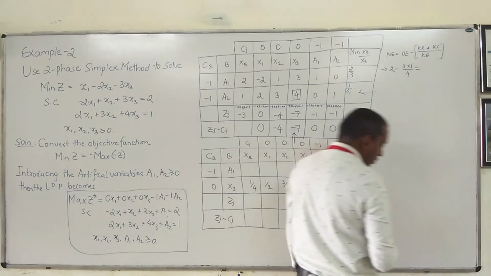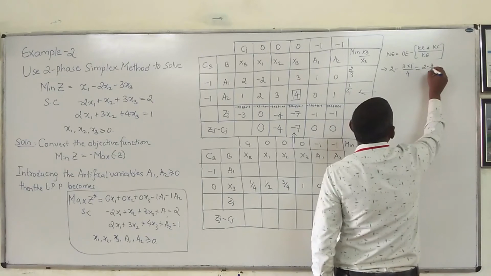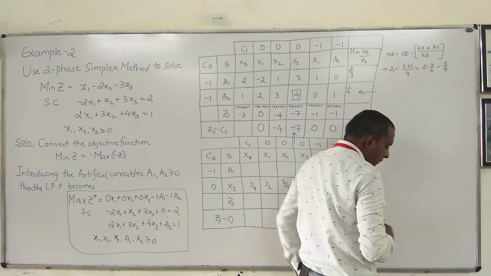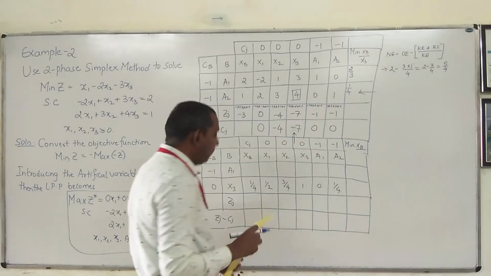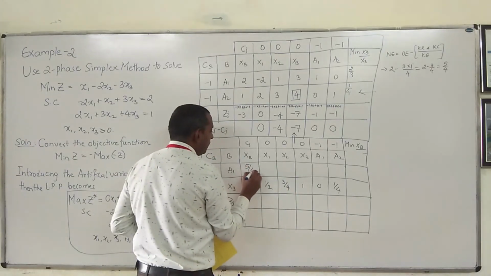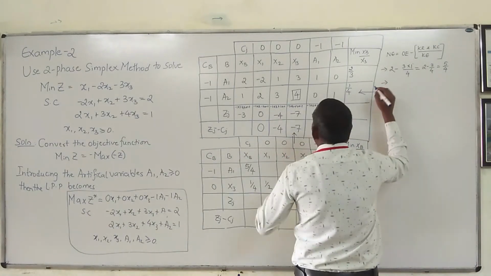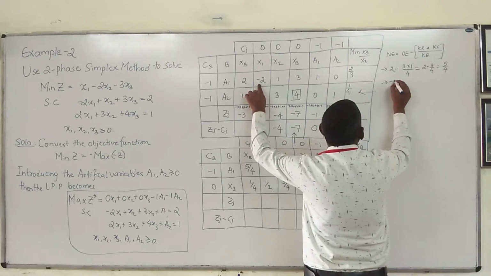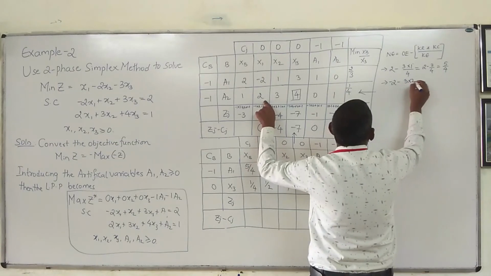How much is it? 2 minus 3 by 4, I think it is 5 by 4. So let me write 5 by 4.